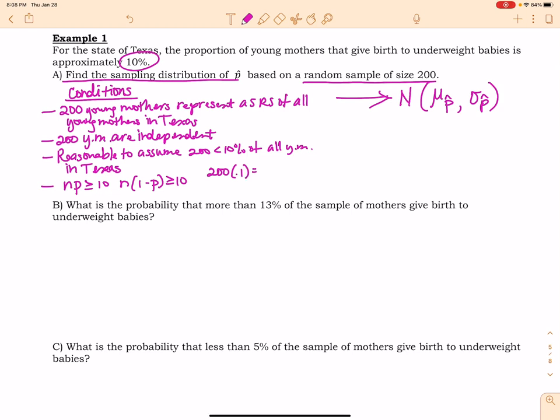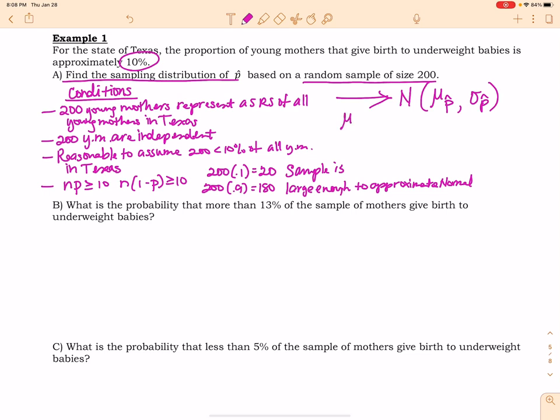So 200 times 0.1 is 20, and 200 times 1 minus 0.1, which is 0.9, is going to be 180. Both of those values are bigger than 10, so it is large enough. So I'm going to write: sample is large enough to approximate normal.